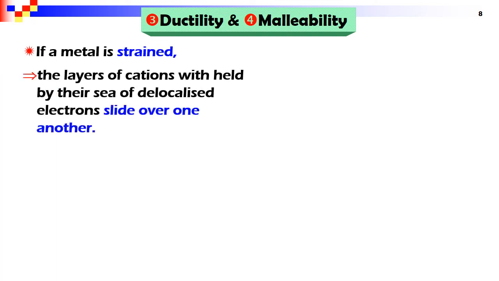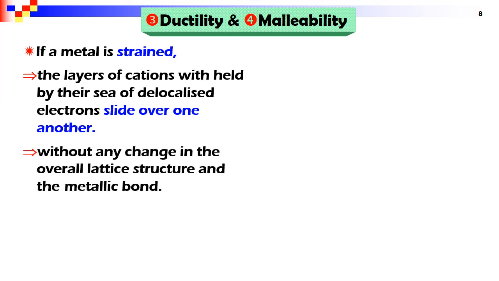The third property of metal, ductility, and the fourth, malleability. If a metal is strained, the layers of cations held by their sea of delocalized electrons slide over one another without any change in the overall lattice structure and the metallic bond.